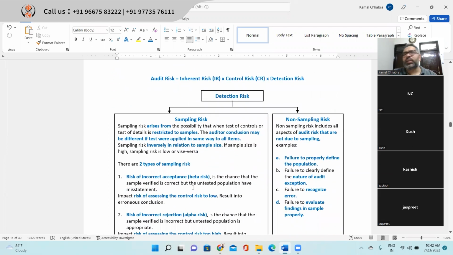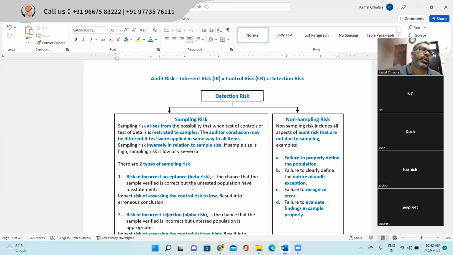And in all these sampling techniques, what major thing we have noticed is detection risk, right? Detection risk, which is generally an auditor risk. So what is detection risk? That means your audit is based on a sample, and the population other than the sample may have certain risk. That risk is called detection risk.